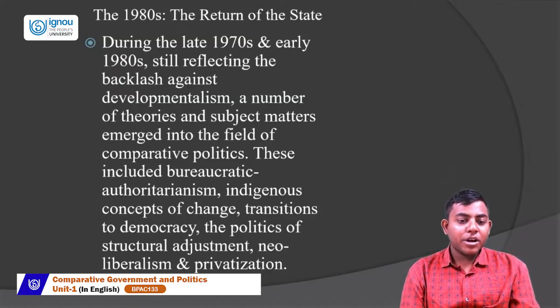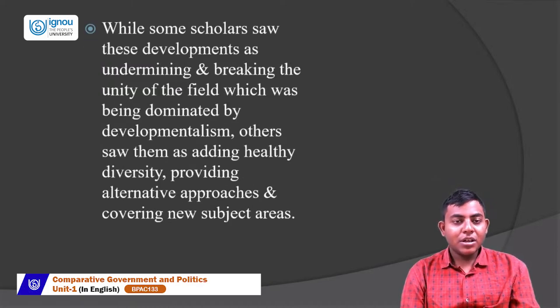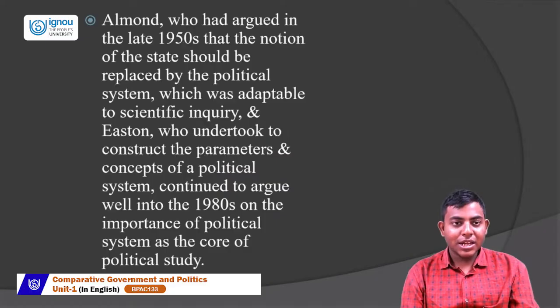These included bureaucratic authoritarianism, indigenous concepts of change, transitions to democracy, the politics of structural adjustment, neoliberalism, and privatization. While some scholars saw these developments as undermining and breaking the unity of the field, which was being dominated by developmentalism, others saw them as adding healthy diversity, providing alternative approaches, and covering new subject areas.